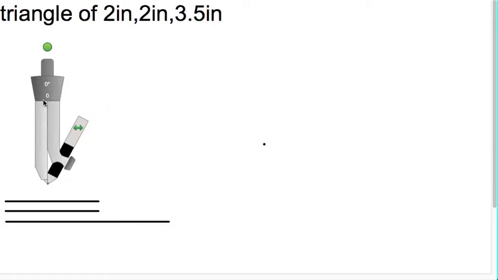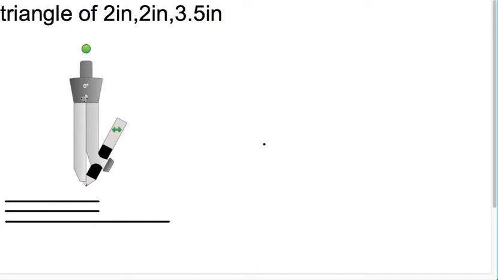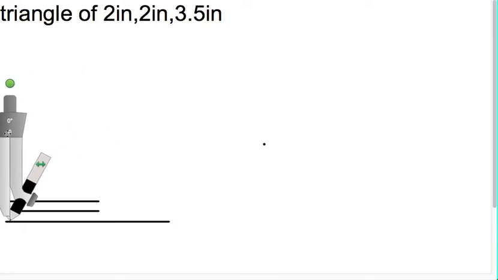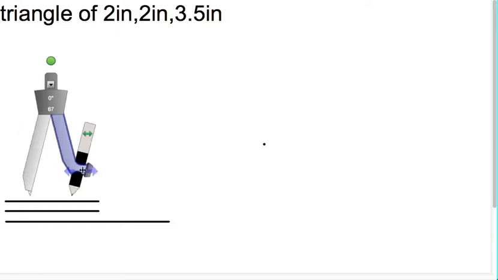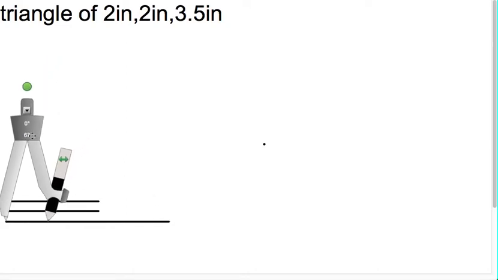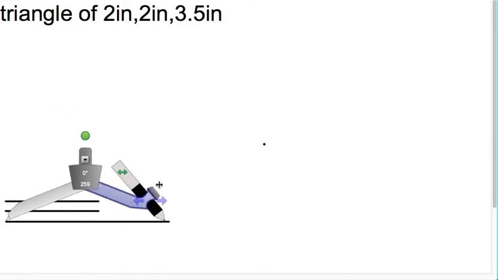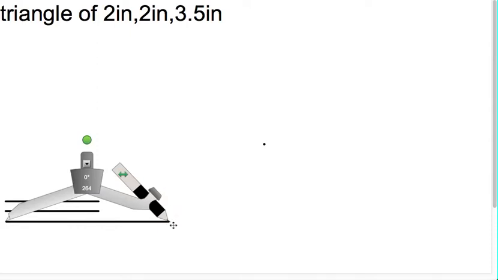Okay, once you have that point, you go ahead and move your compass. And what we're going to do is we're going to set the compass so that the distance between the pointy part and the pencil is the same distance as the length of one of our sides. So we'll start with the longest first. So I'm going to put my pointy part on the end of the line here, and then I'm going to extend the arm as far as it needs to go to get to the other end.